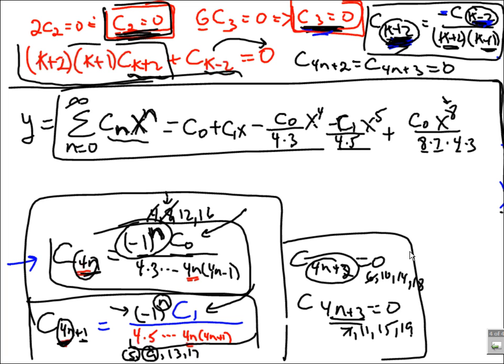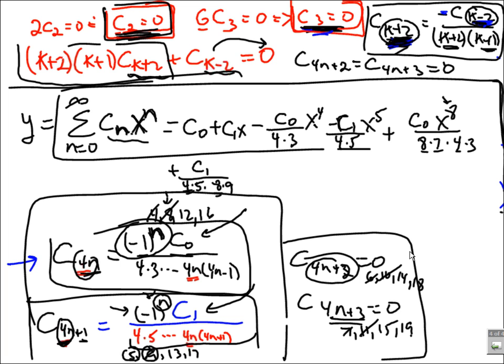Well, 2 is even. Negative 1 squared is going to be plus C sub 1 over 4 times 8. But for the C1s, we bump up the 4 and the 8 by 1. 4 times 5 times 8 times 9. That's 9. And then 10 and 11, those are 0.